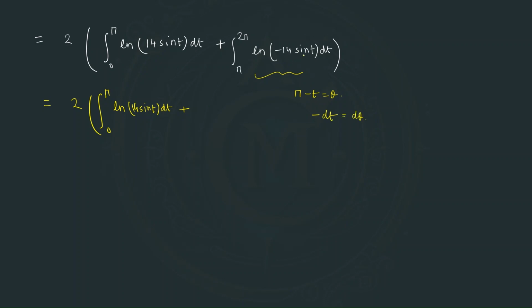So here sine of pi minus t will become sine of t itself, so it will remain unchanged, and the limits will become 0 to minus pi, and then log of minus 14 sine theta, then d theta with a negative sign. So now if we omit this negative sign, the limits will get interchanged. So like this.